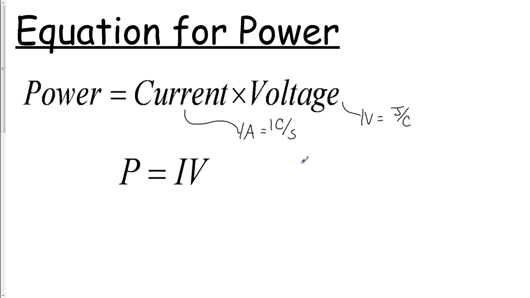So if I look at this, I get coulombs per second times joules per coulomb, and my coulombs cancel, and I get joules per second. That's a quick check to make sure our units are correct. And so current times voltage equals electrical power.